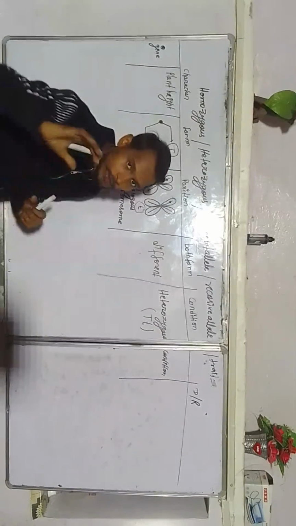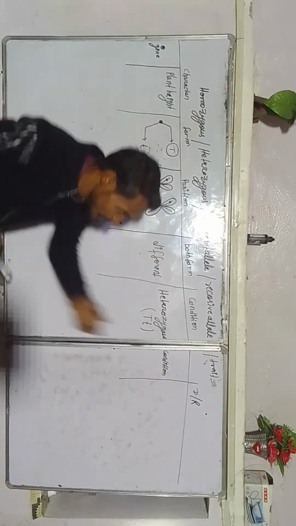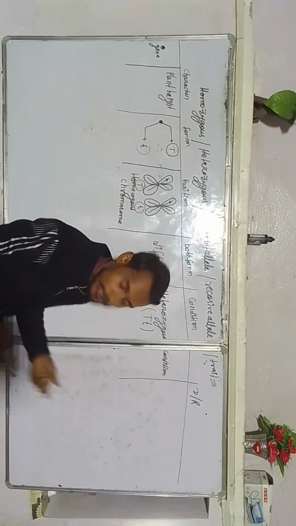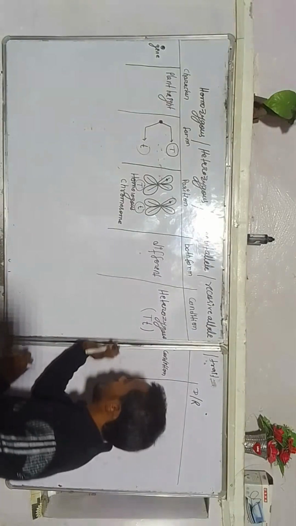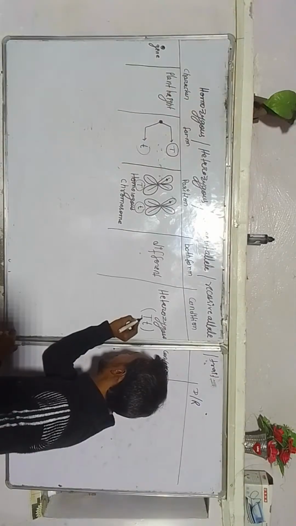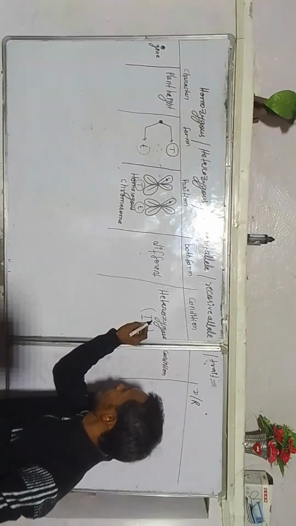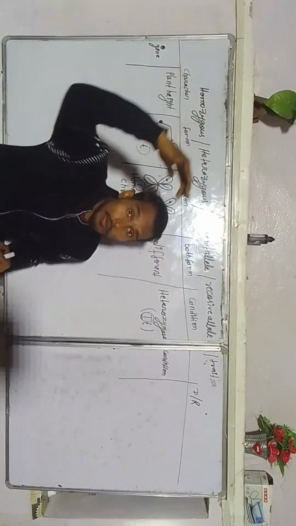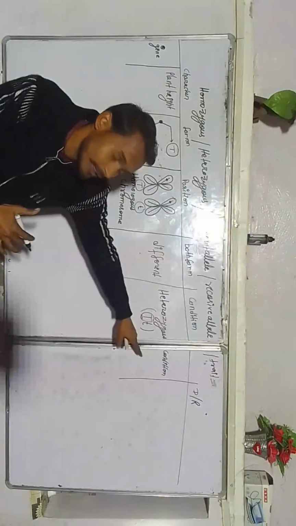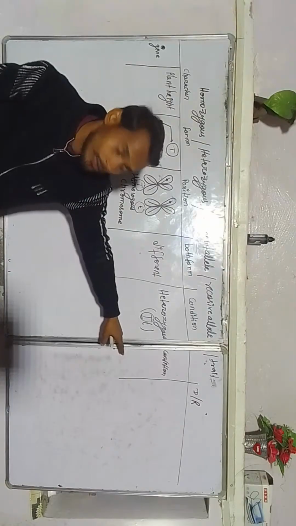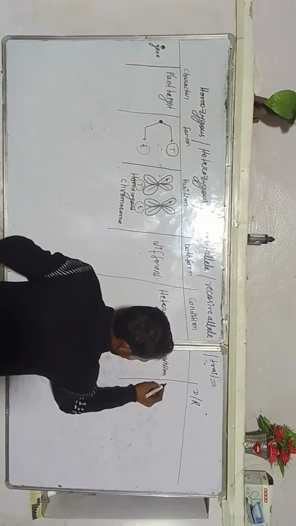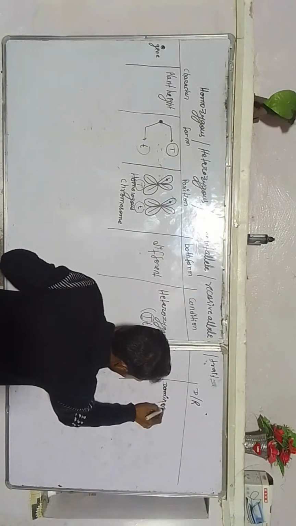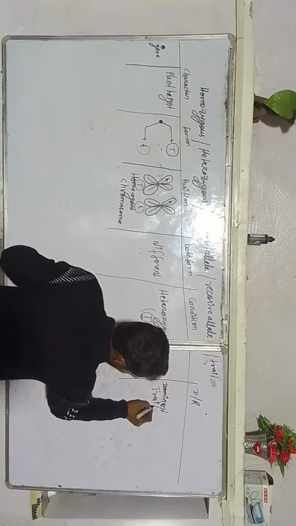Here the capital T is tall, so it represents the dominant trait.